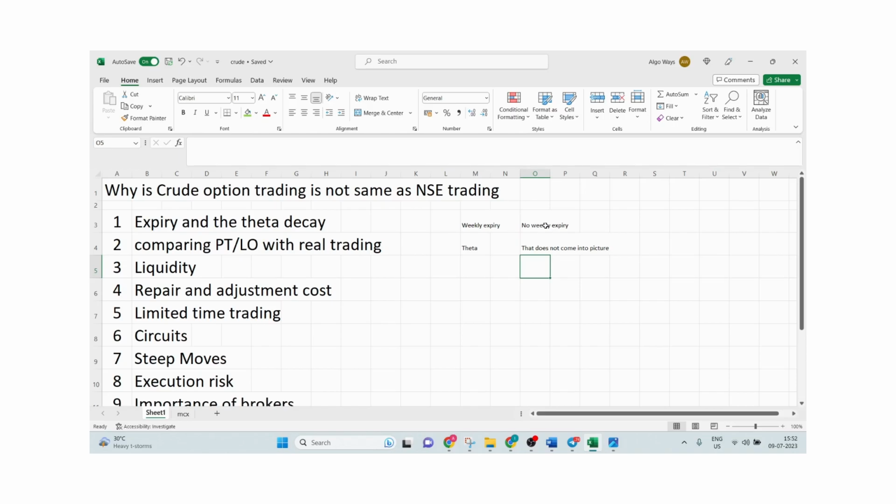But in practice, if you are lucky and the market is good, you may hardly get around 5,000, 6,000, 10,000 maximum. So we should never compare PT and live auto results, live offline results, with real results. They will never match, and they will only bring in disappointment and frustration.